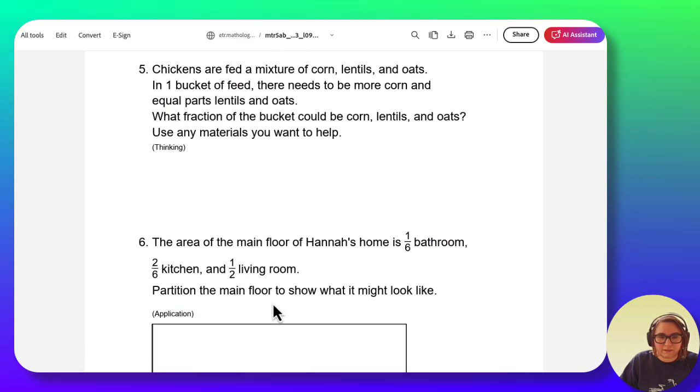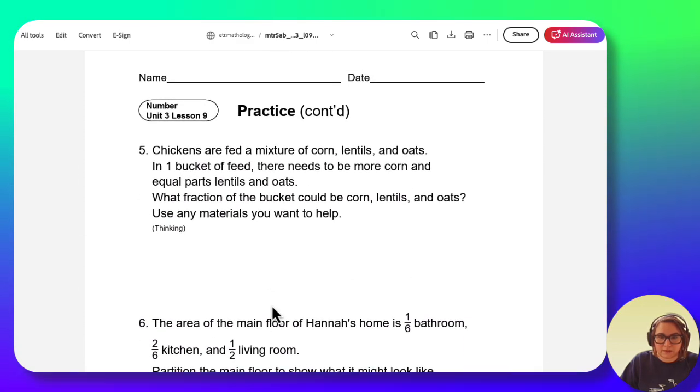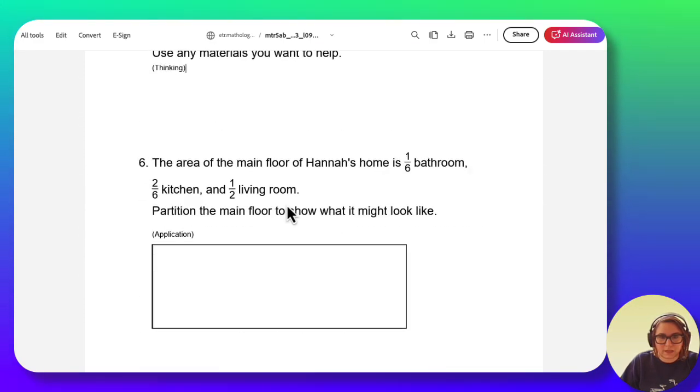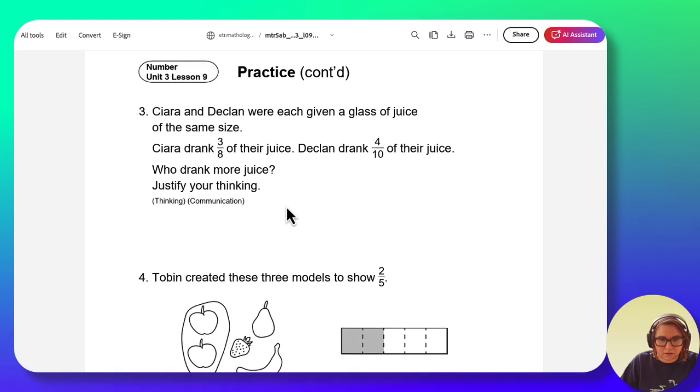If they want to get a little bit spicier, question 5 is about chicken feed, and so this one is a thinking one. And they have to really think and create in this one. I would say this is a medium to spicy, but for sure not surface. And then I think I got all of them there.